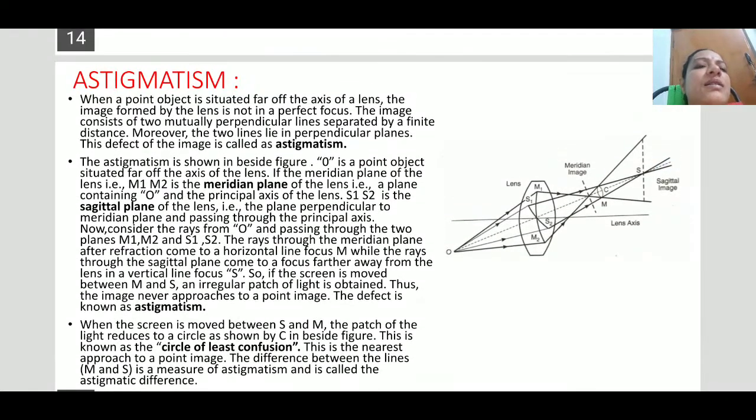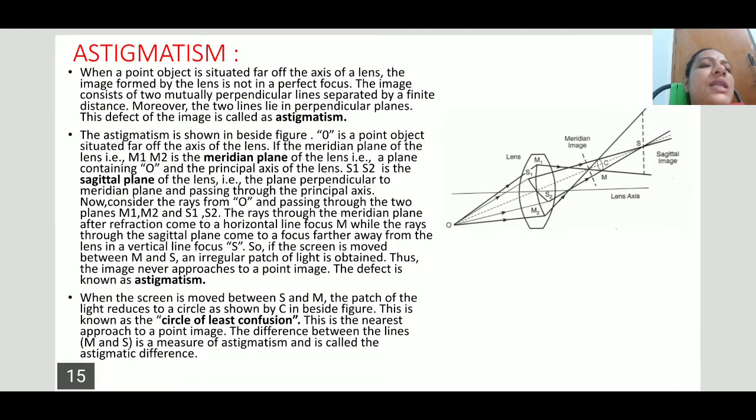Let us know another type of aberration, that is astigmatism. Coming to the introduction, when a point object is situated far off the axis of a lens, the image formed by the lens is not a perfect focus.